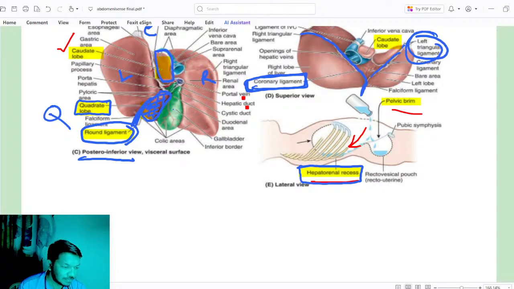There will be another one, the retrovesical pouch. In females, it is called the pouch of Douglas. This is the pelvic ring. What is this fluid?